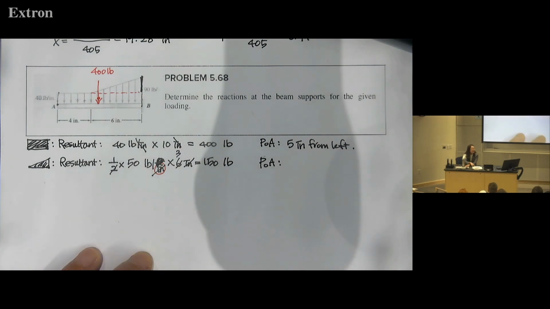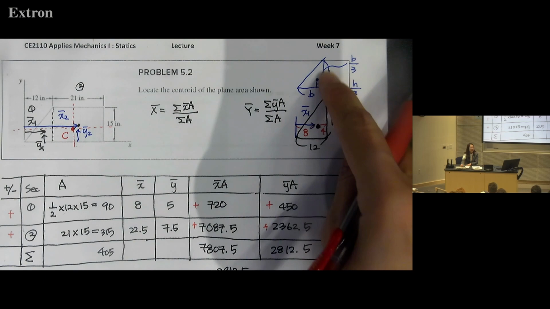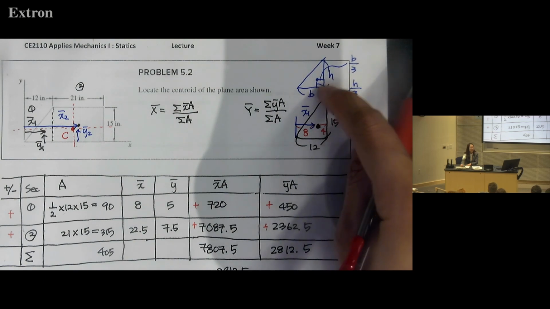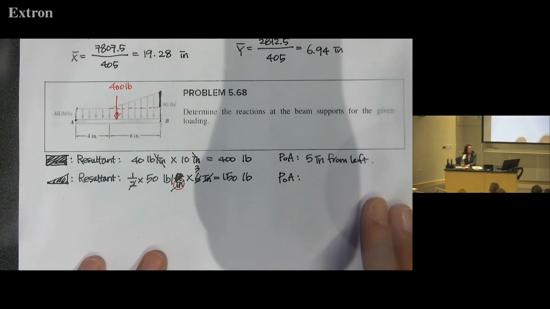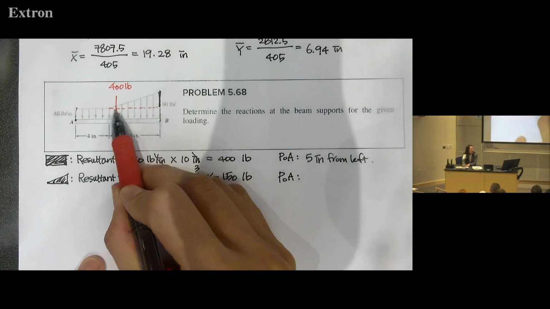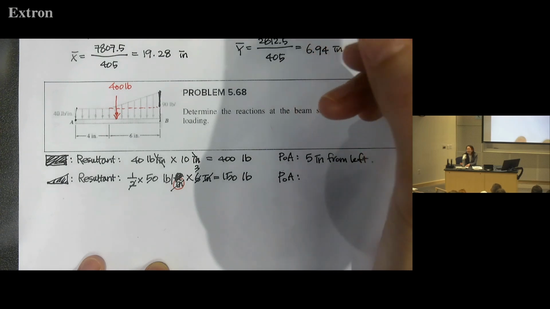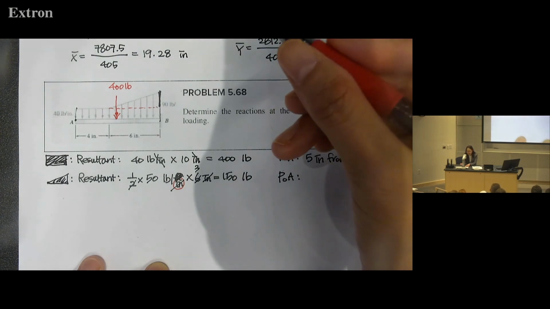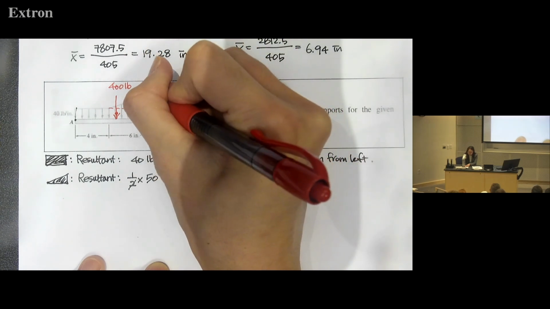And now, where is the centroid of this triangle? We talked about this, right? Triangle, 1/3 B and 1/3 H. And then moving on here, so we have this triangle. 8, okay, 8 from the left, 2 from B, right?